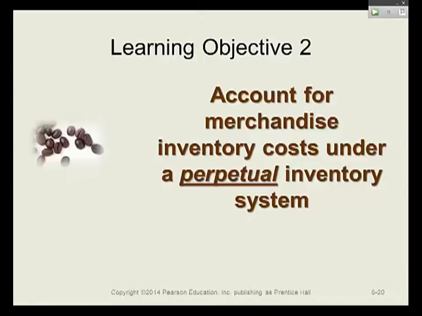Beginning today, we're going to start looking at the issue that involves unit cost and cost per unit. So just remember that the purchase allowance and purchase discount reduce the cost per unit, but not the number. Of course, a return would reduce the number of units.